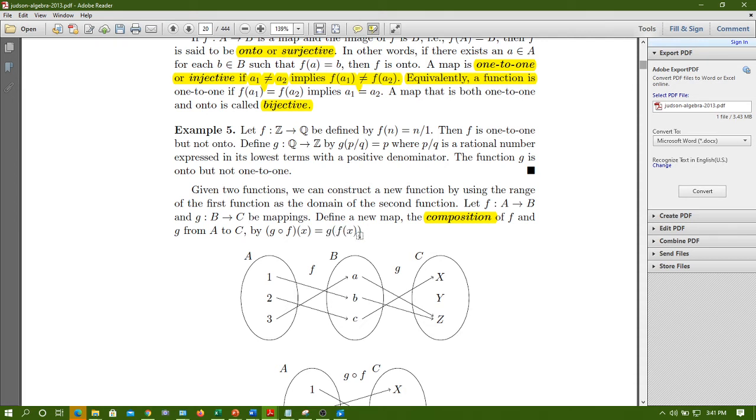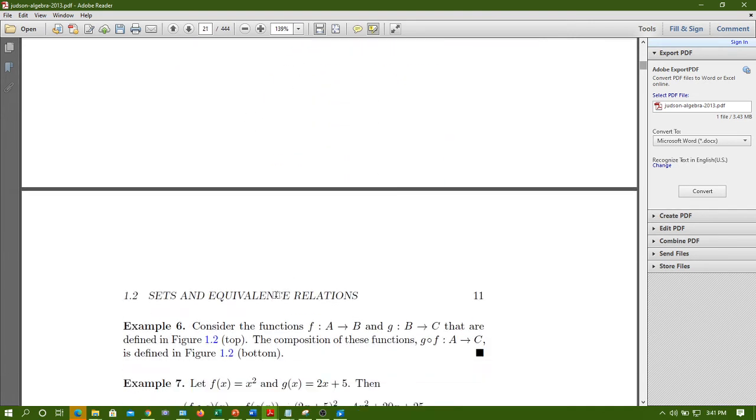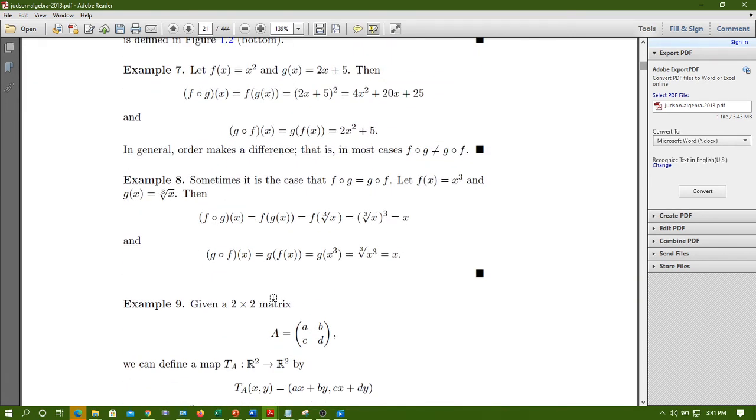That means a function is the input of another function. So whatever value we get from that function can also be the input to the outside function. Do you understand what I'm saying? Hopefully, composition of maps. And then what else?